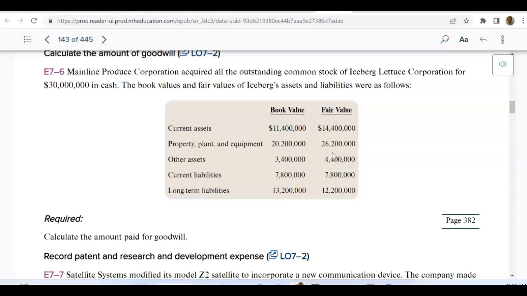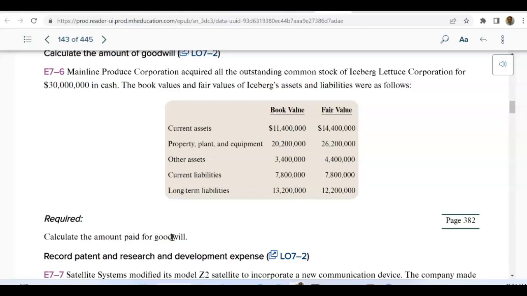Property, plant, and equipment will also have a higher fair value of 26,200,000. Other assets are again a little bit higher in fair value. Current liabilities are the same, and long-term liabilities, if they want to pay right now, will be only 12,200,000. So now you have to see what's the difference.